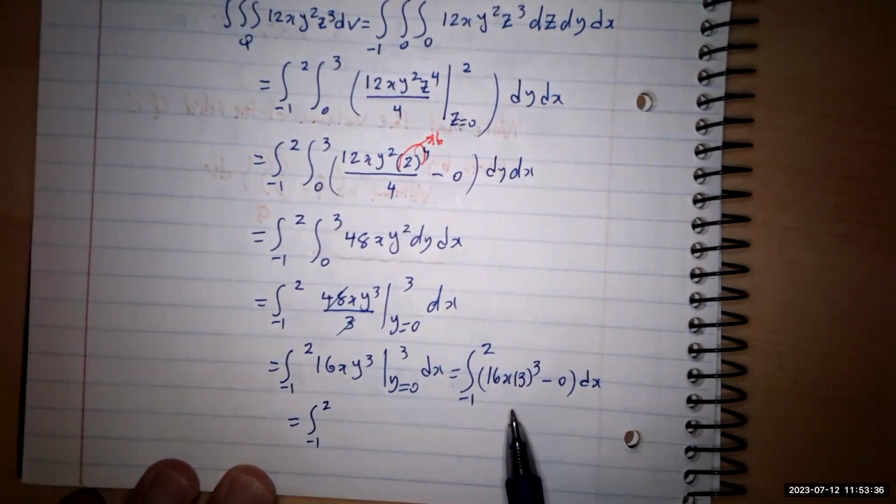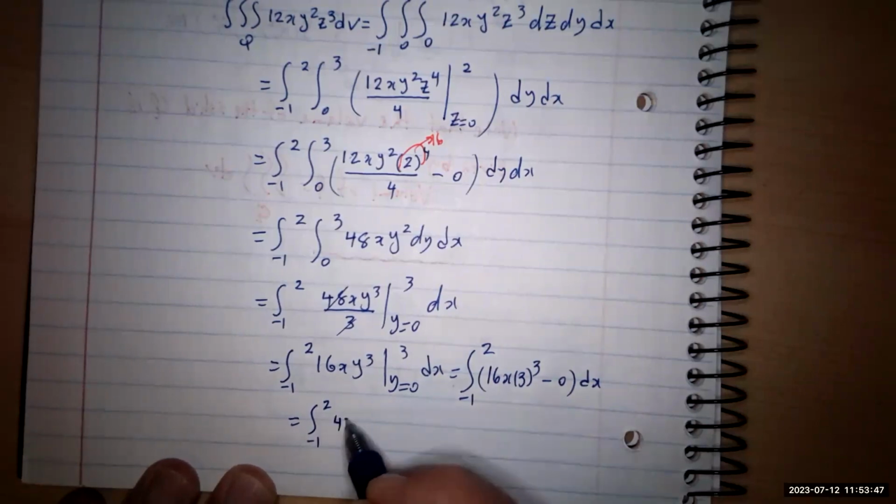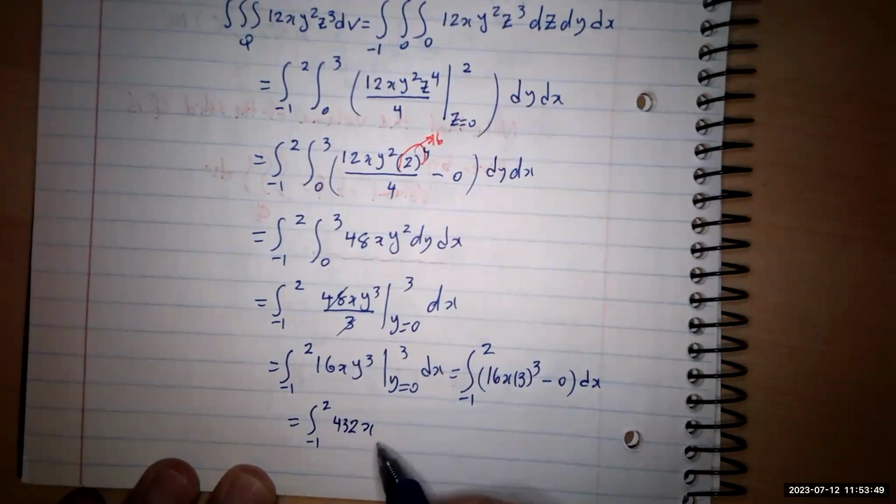Okay, and 27 times 16 is going to be, I think, 432. So 432x dx.